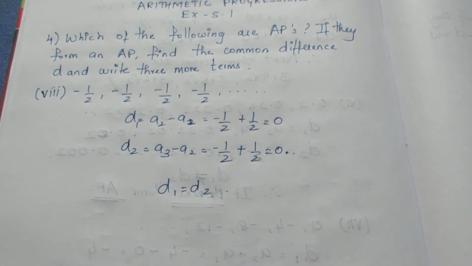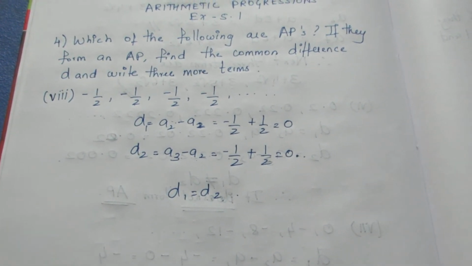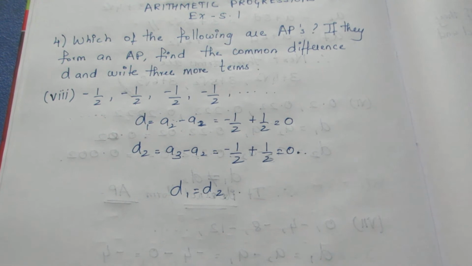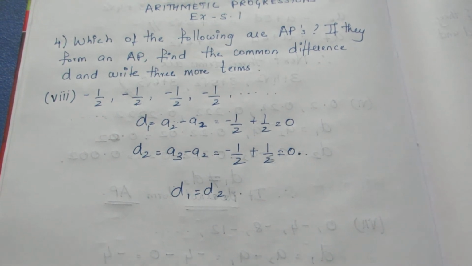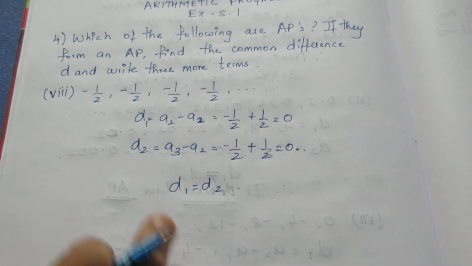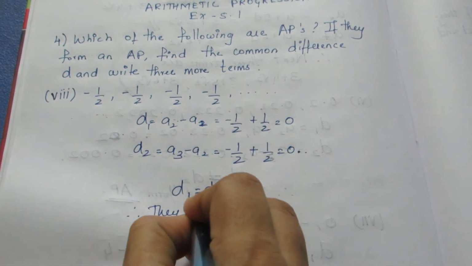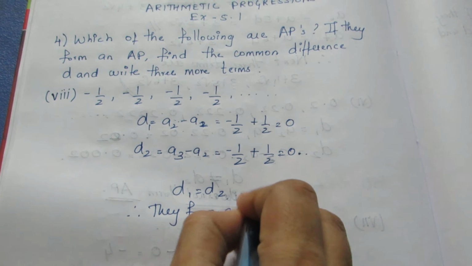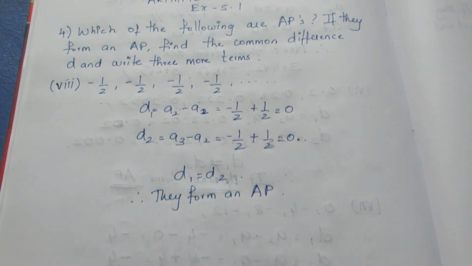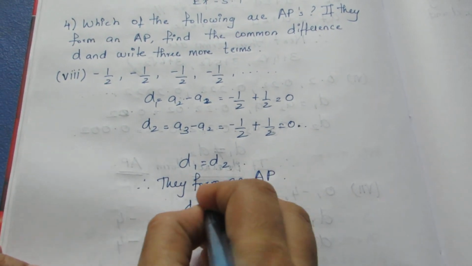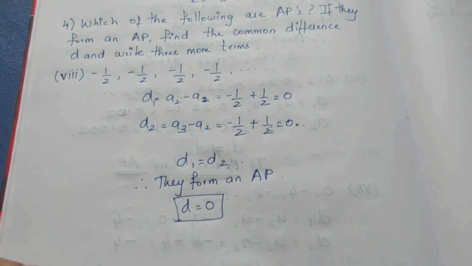It can be any number, any negative number, any positive number, any irrational number or rational number. Here the common difference is equal, therefore they form an AP, and our common difference D is equal to 0.